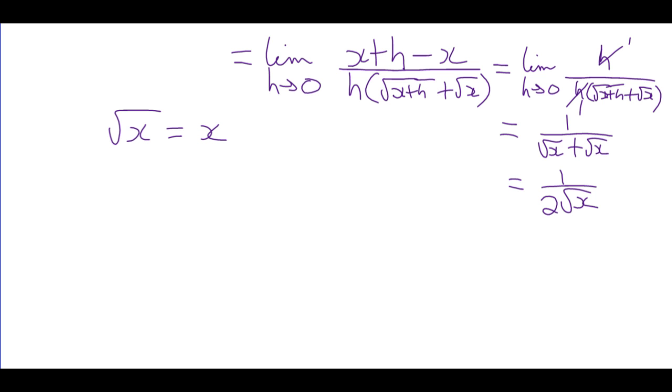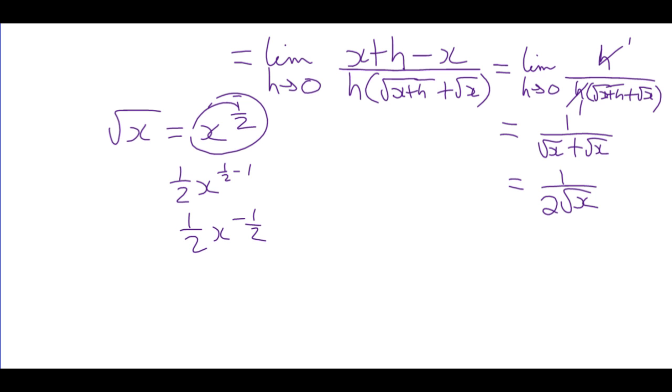What's root x if you express it in exponential form? x to the 1/2. What does the power rule say you do? You take the derivative of that: n x to the n minus 1, so 1/2 x to the negative 1/2.